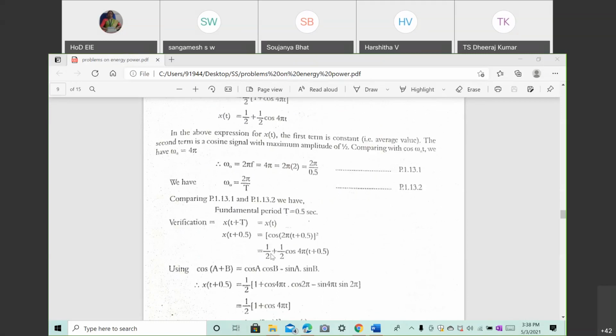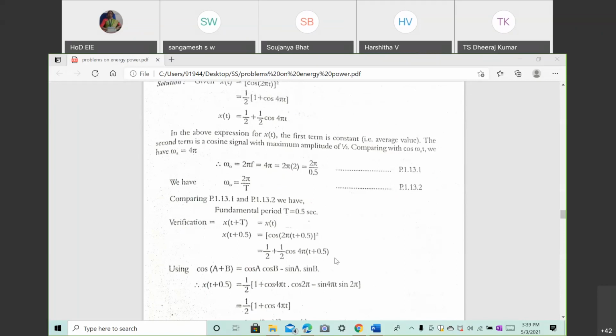Then we do the simplification as earlier: 1 by 2 plus 1 by 2 cos 4 pi t, which we got earlier. Here, instead of that, it is 4 pi of t plus 0.5, because where t is there we have changed it to t plus 0.5 as per x of t plus T. Then, using the trigonometric formula cos of a plus b equals cos a cos b minus sin a sin b, x of t plus 0.5 can be written as 1 by 2 of 1 plus cos 4 pi t into cos 2 pi minus sin 4 pi t into sin 2 pi.